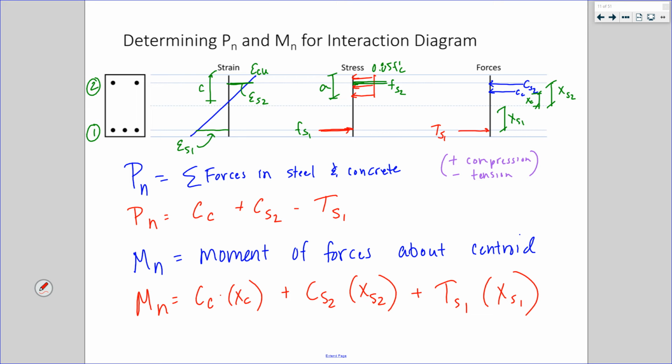All 3 forces are causing counterclockwise moments if I take it about the centroid. We've got up and over, and then up and over, down and over. All of those are counterclockwise.